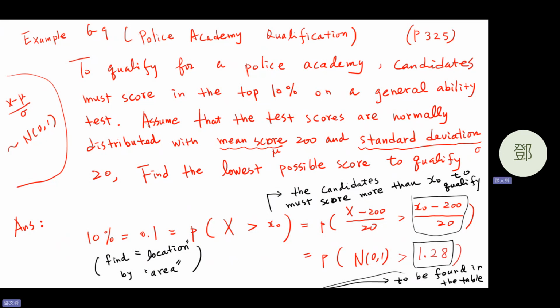Here we found the cell value closest to 0.9, and it is 1.28. Okay? And 1.28 is to be found in the table.